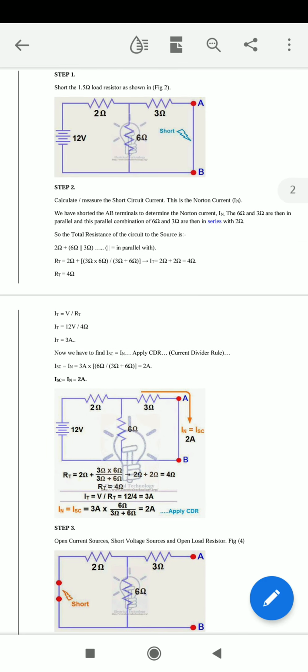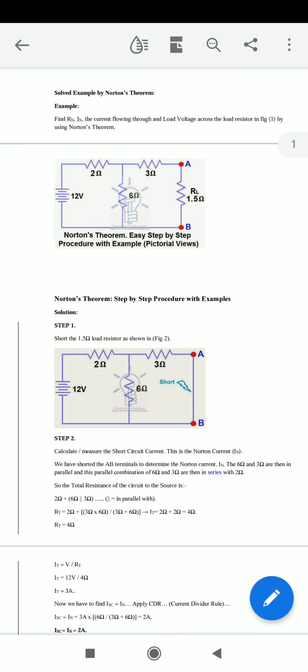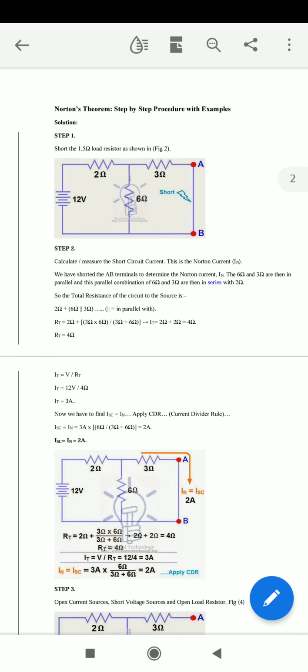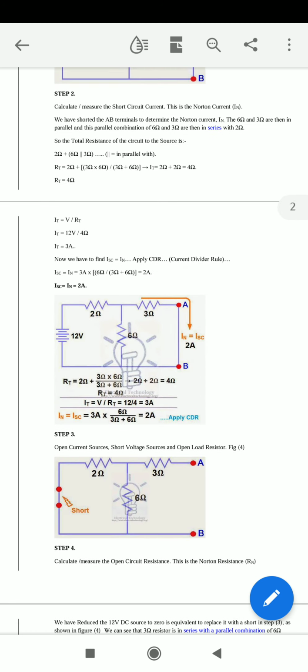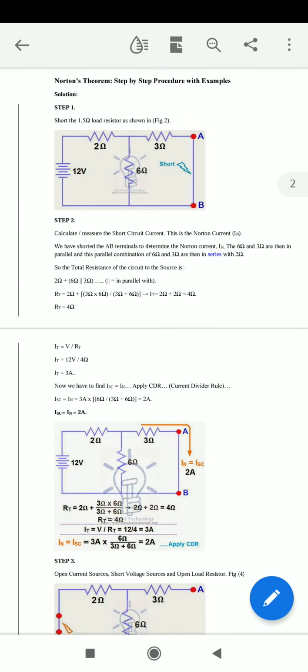Here the opposite resistance for the load resistor is 6 ohm, right? So the total current IT equals 3 ampere. Opposite resistance is 6 ohm. Total resistance is 3 plus 6, because the current flows from 3 ampere to the 3 ohm resistor through the short circuit current.